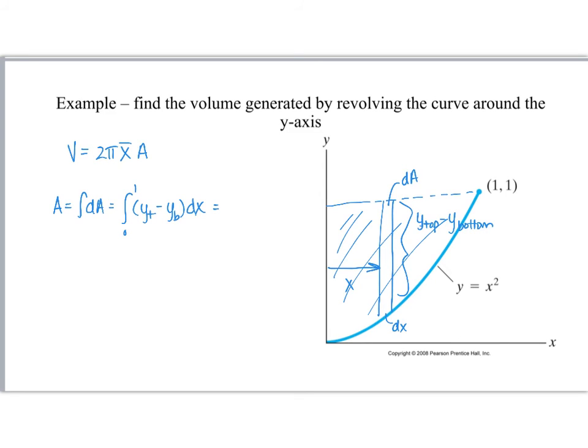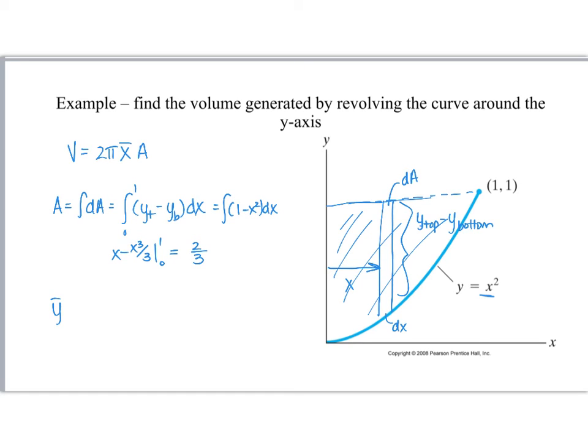Now, of course, we can't use y's and integrate over x. So what is the y value at the top? Well, that's just 1, because this horizontal line represents the top, and the y value at the bottom is x squared. And so when I integrate that, I'm going to get x minus x cubed over 3, evaluated at 0 and 1, which is going to have a value of 2/3.